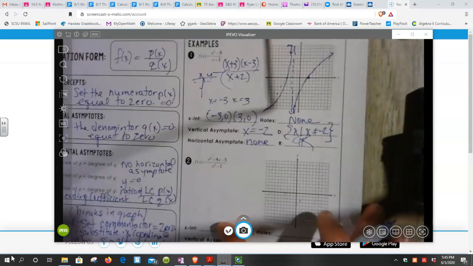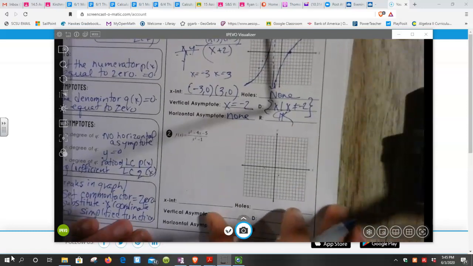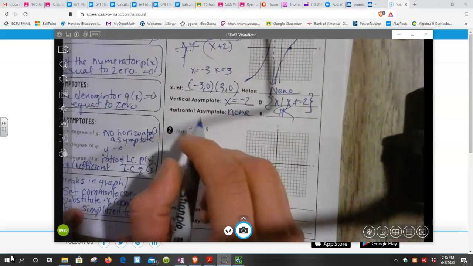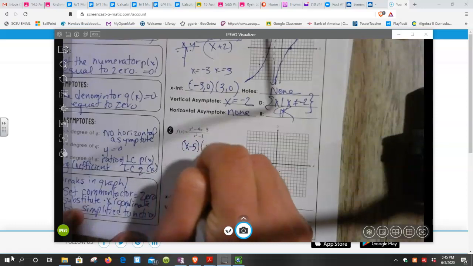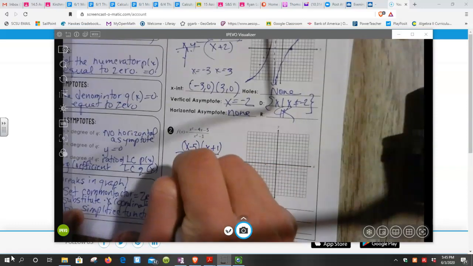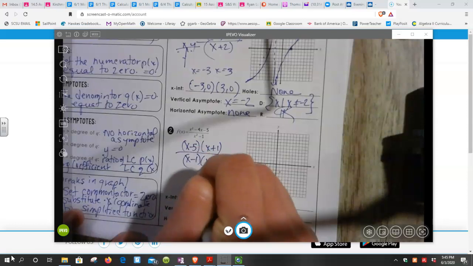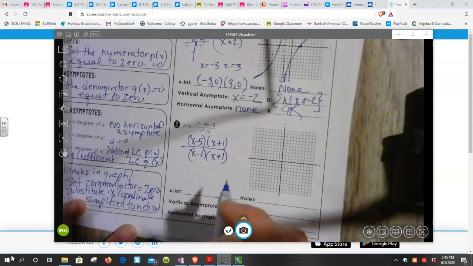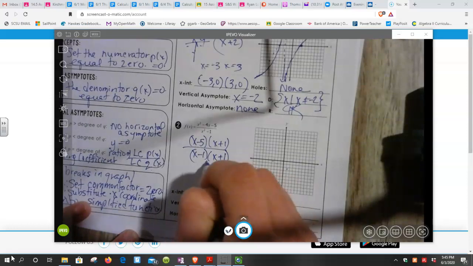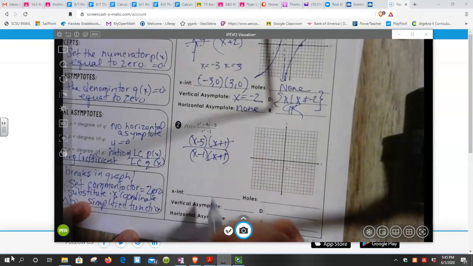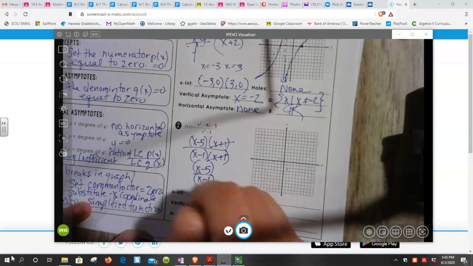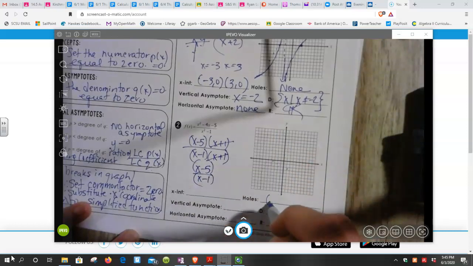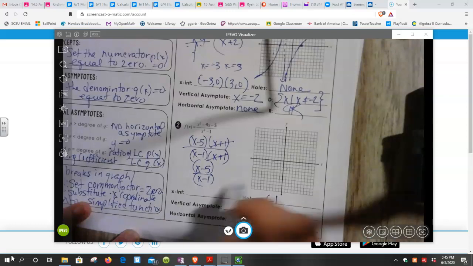All right. And for number 2 here, factor this out. So you'd get x minus 5 times x plus 1 over x minus 1 and x plus 1, right? And so we can divide out a common term of x plus 1, so you're going to get x minus 5 over x minus 1. So then you're going to get a hole at negative 1.